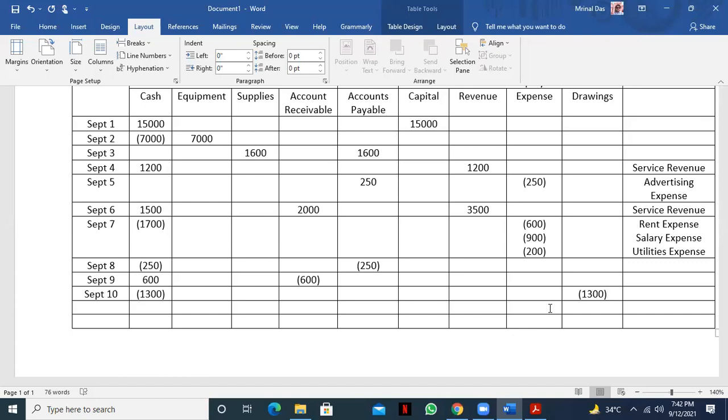You can write the name in brackets, like account receivable (Rohim). You can use a different column for each customer. Account receivable Rohim in one column, account receivable Korim in another column. You can do it this way.